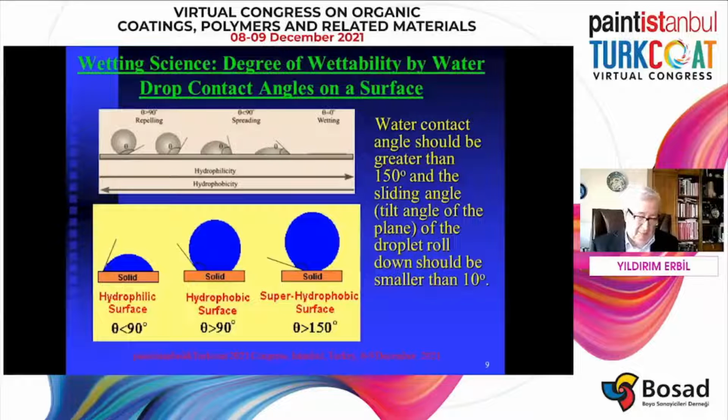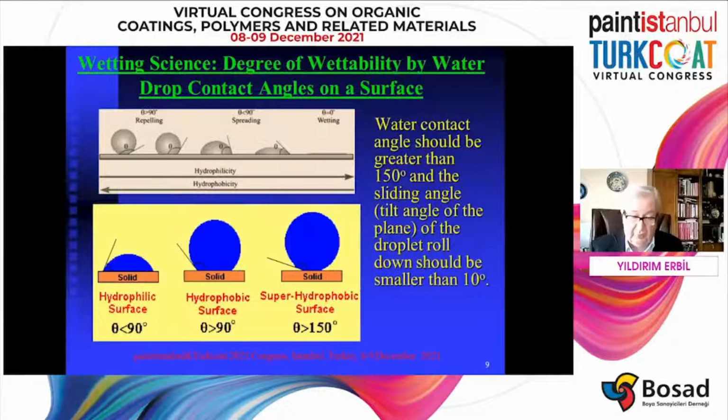Now, we cannot measure the equilibrium contact angle, which is also called the Young angle. In reality, we can measure the apparent contact angles. It is a bit far away from the equilibrium because it is very difficult to obtain equilibrium during contact angle measurement. But in practice, apparent contact angles can be easily measured.